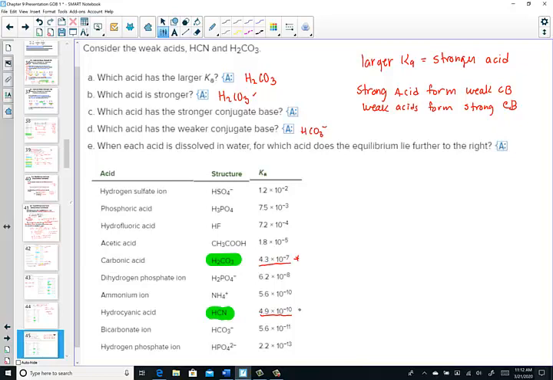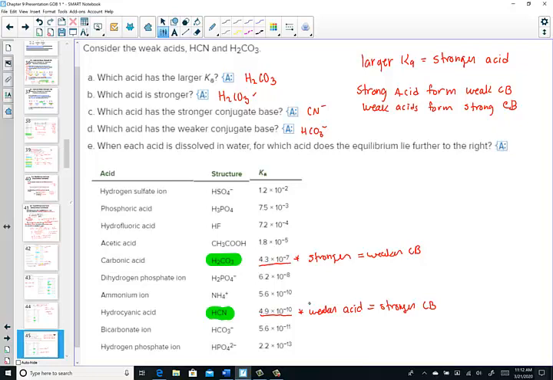And when I told you hydrocyanic was the weaker acid, it has the stronger conjugate base, CN negative. So here, stronger acid, weaker conjugate base. The weaker acid made the stronger conjugate base.